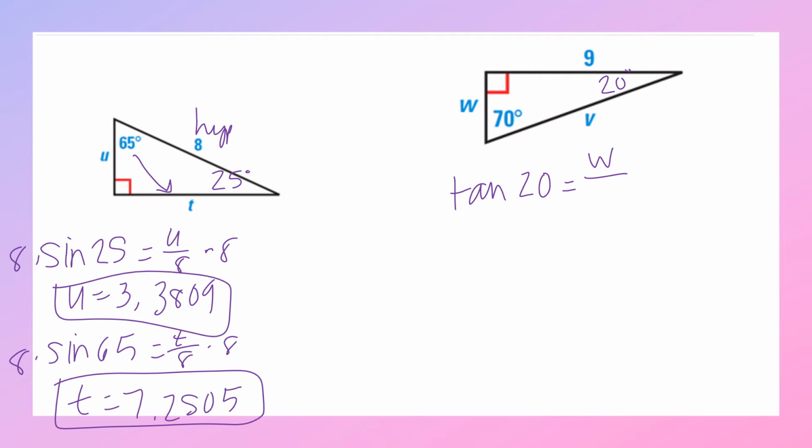Tangent of 20 is W over 9, because opposite over adjacent. So I need to multiply both sides by 9. The tangent of 20 times 9 is 3.275, so W is 3.275.